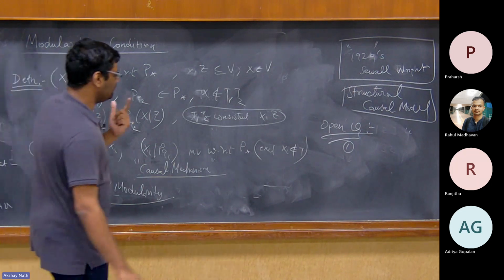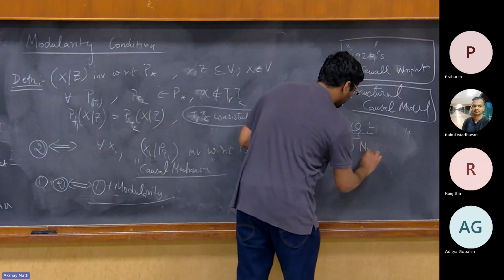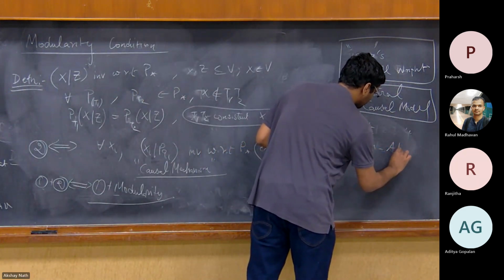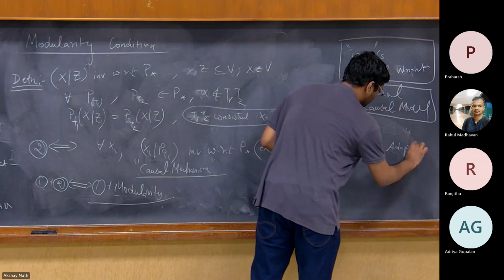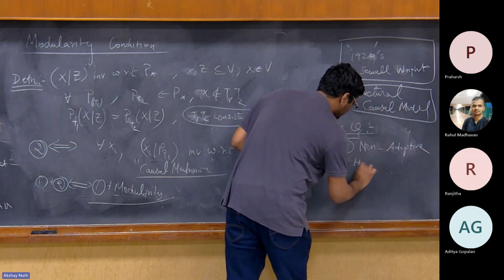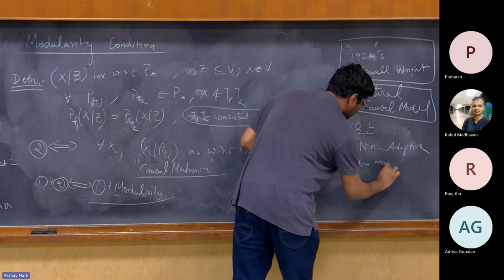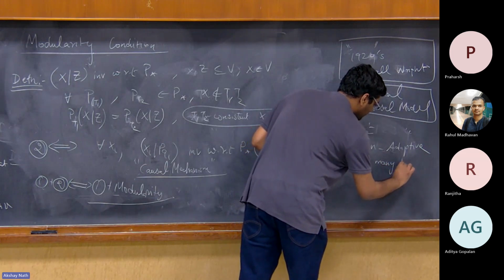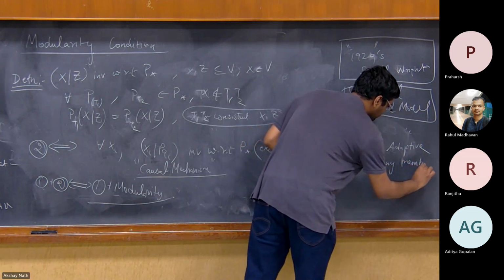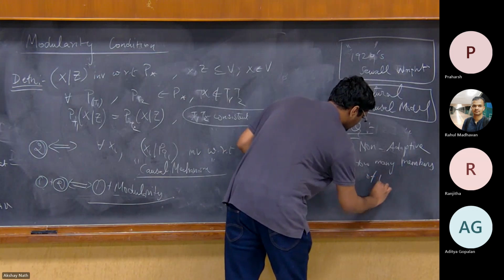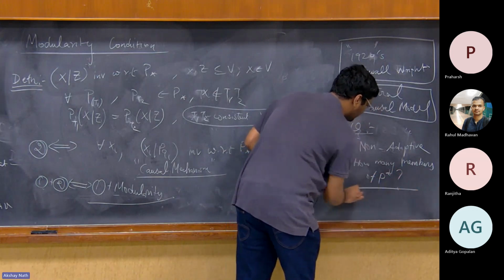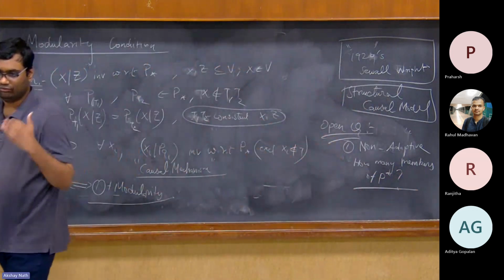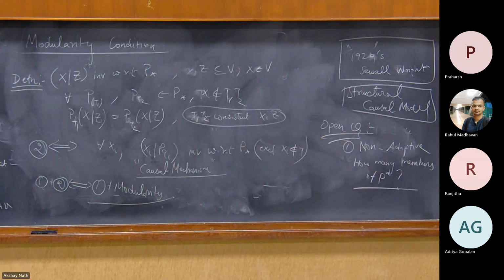So the first question is non-adaptive. How many tests? How many members of P star do you need before I can uniquely find the graph? Right?